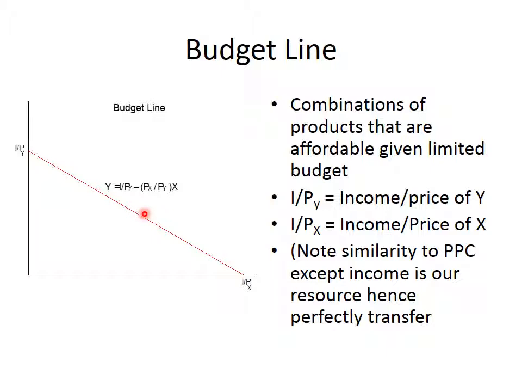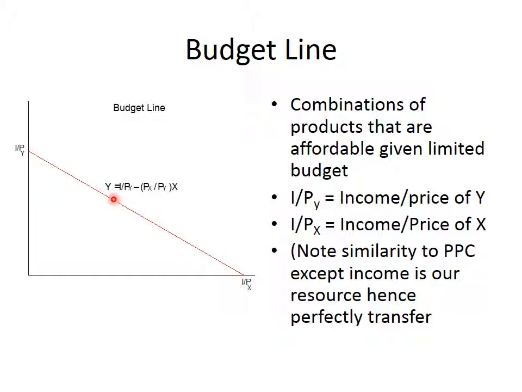But let's just throw some basic figures out here, shall we? Just real quickly. Let's suppose that product Y is $2. And let's suppose that product X is $1. Okay? And let's suppose that we have $20 to spend.